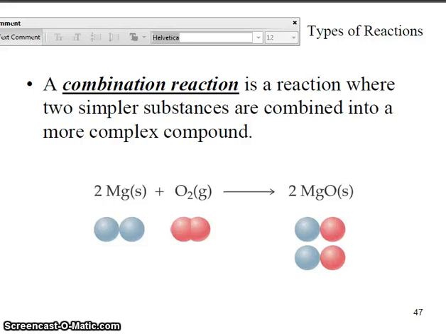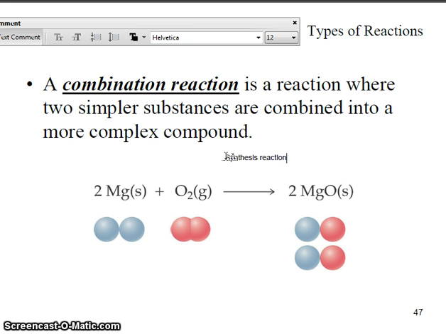So you'll begin with something as simple as magnesium, and let's say you burn it in oxygen, and it burns with a flash and generates magnesium oxide. So you're going from simple elements to a complex compound. You will call this reaction a combination reaction. Sometimes it is also referred to as a synthesis reaction.